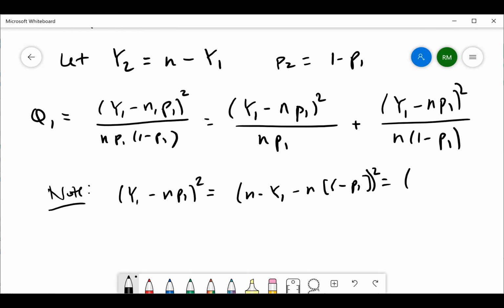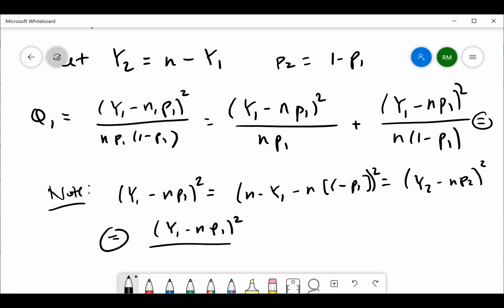This is the same as y2 minus np2 squared. So what that tells us is that the expression we wrote above is equal to y1 minus np1 squared over np1 plus y2 minus np2 squared over np2. So that's the expression we get for q1.